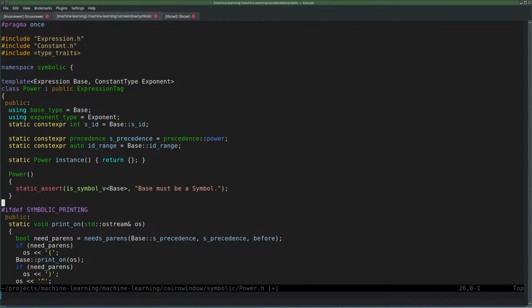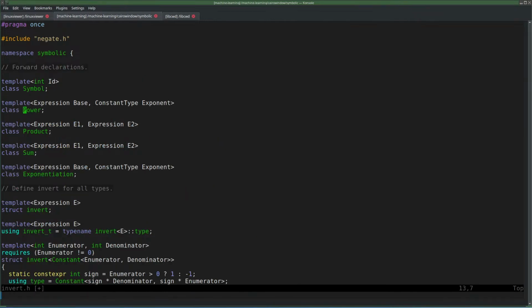So instead of the compiler now saying, sorry, I can't find the type power, it says upon instantiation of that type that it is the wrong type. Which is later than when you try to use it, but yeah. At the very least, this is now working because now I don't have symbol type here.